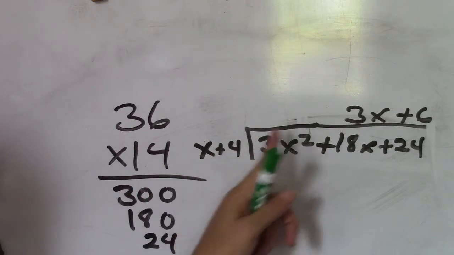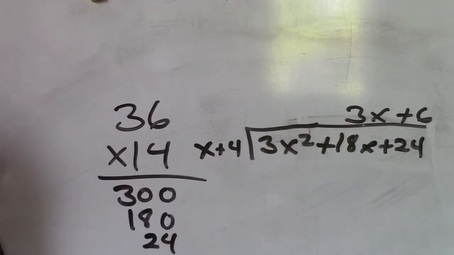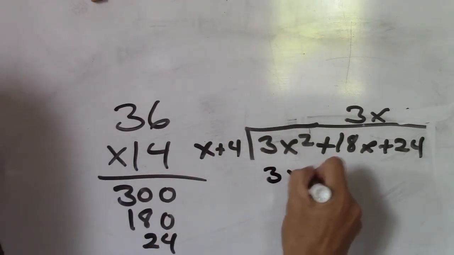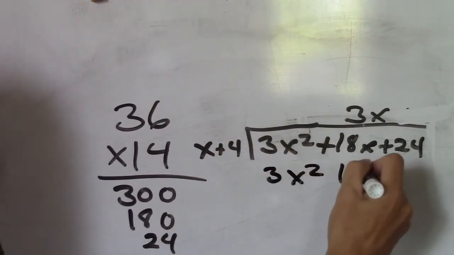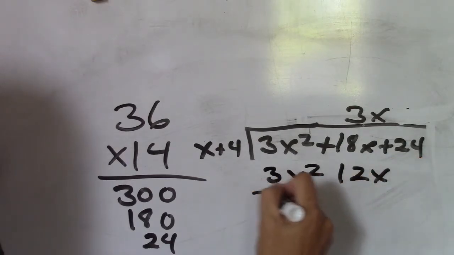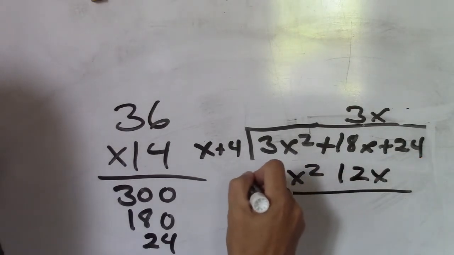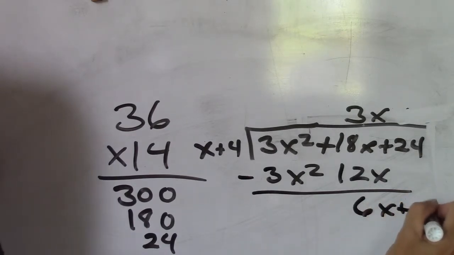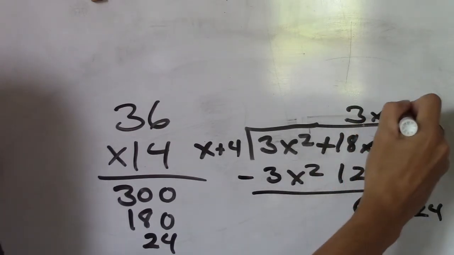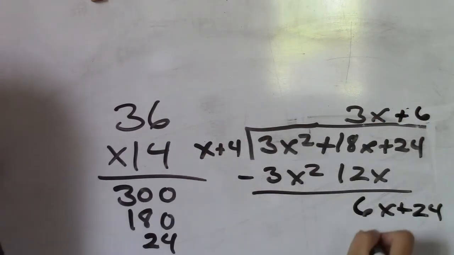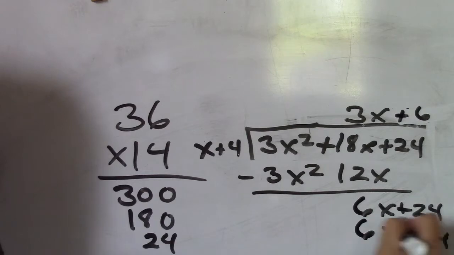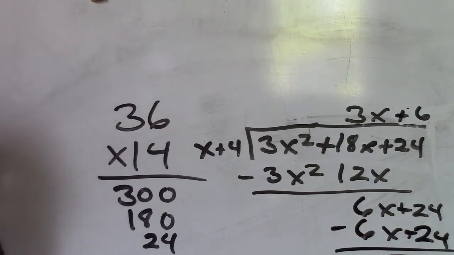If I take 3x times x plus 4, I'm going to wind up with 3x squared plus 12x. And then I'm going to wind up with 6x plus 24. 6 times x is 6x, and 6 times 4 is 24. Look, we're distributing. And then there's nothing left to count.